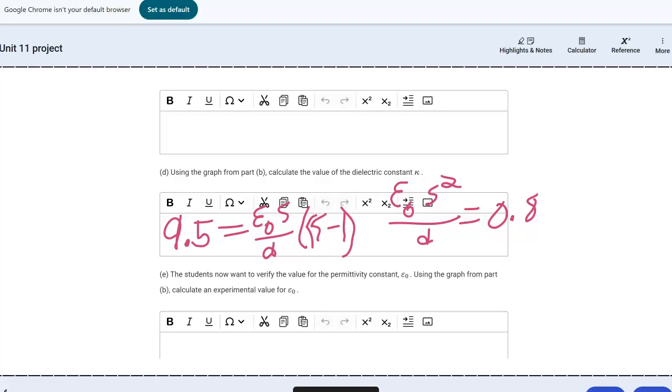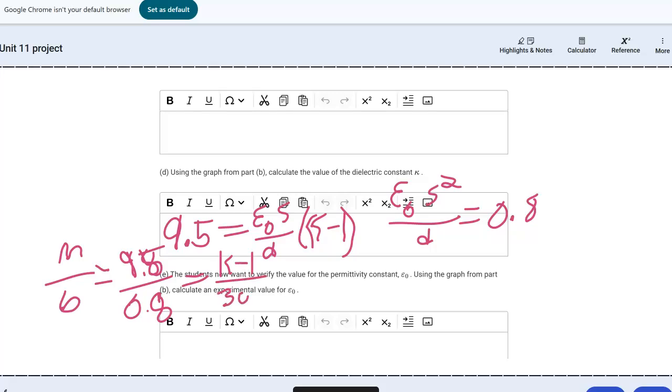Then to calculate K, we could have our m over b, that would be 9.5 over 0.8, and then that would equal (K minus 1) over 0.3.